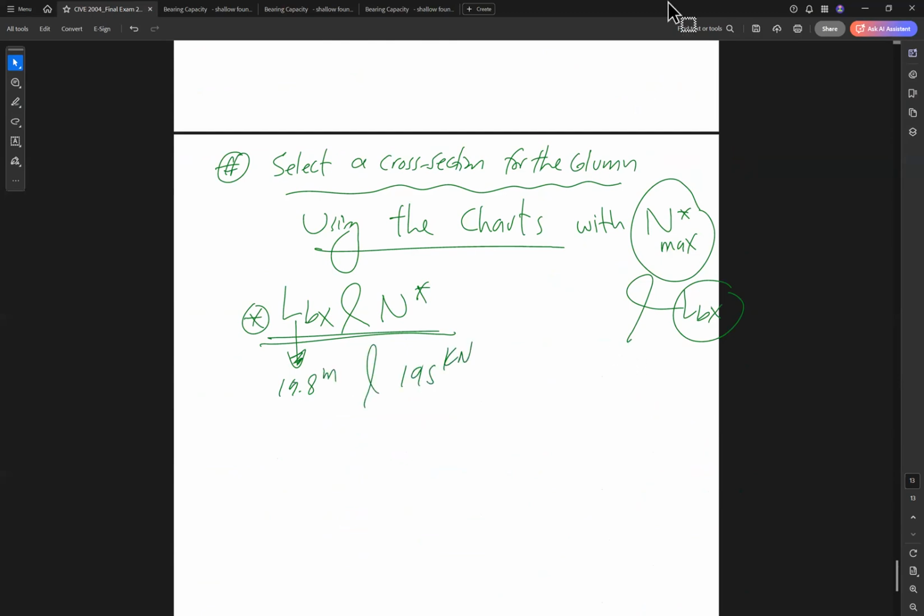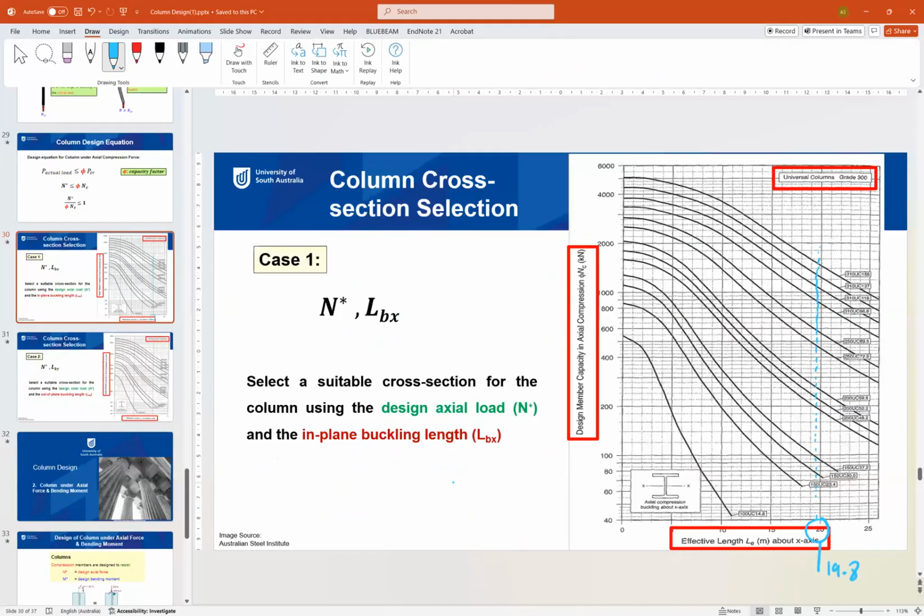You go to the chart. So here is 19.8. Here is 195. Right? So I will create a line here. So this is our curve.